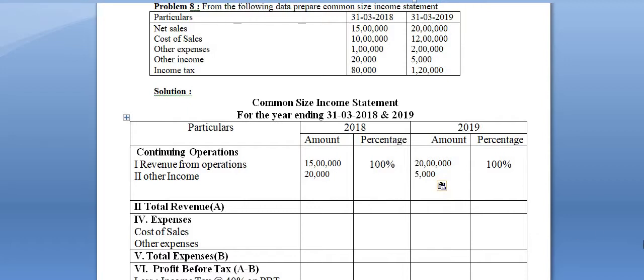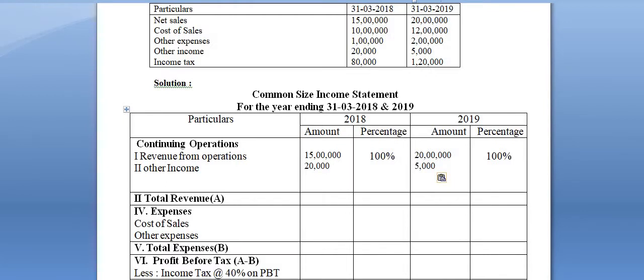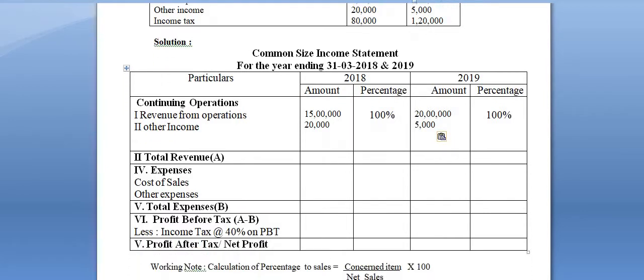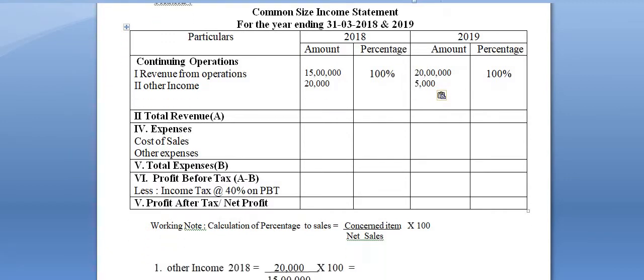First is 2018. What is the formula to calculate percentage? As sales is the common base, we have to calculate percentage to sales. The formula is: concerned item of income statement divided by net sales into 100. Now we are calculating percentages for other income. First for 2018.